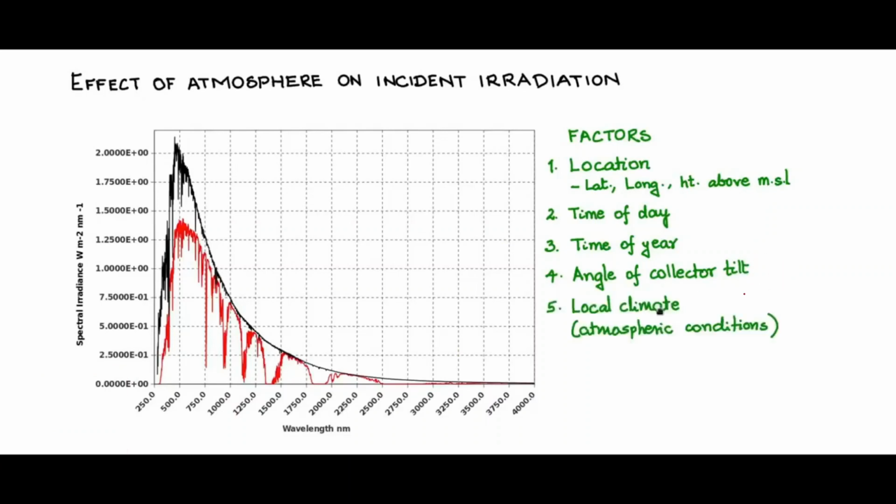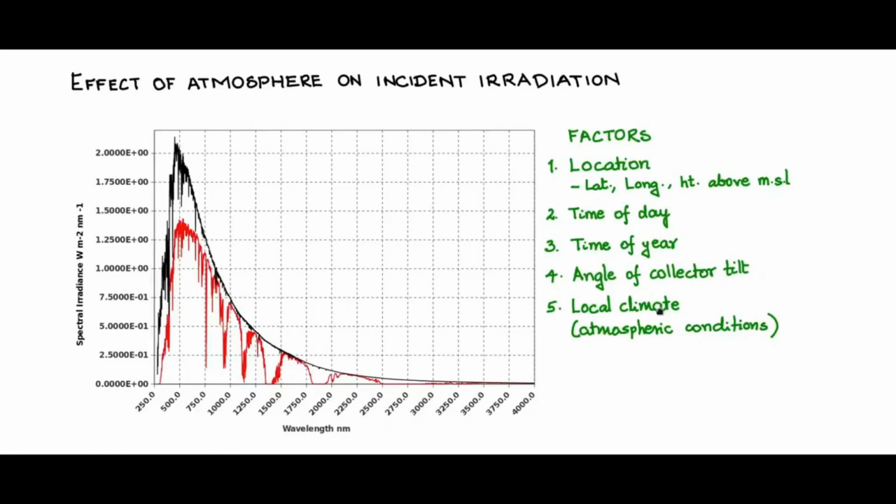The final one is local climate. As I told you, atmospheric conditions at that particular region should be understood and studied over a period of at least 3 years. These are the factors you need to consider while choosing a location for the PV panel power plant.